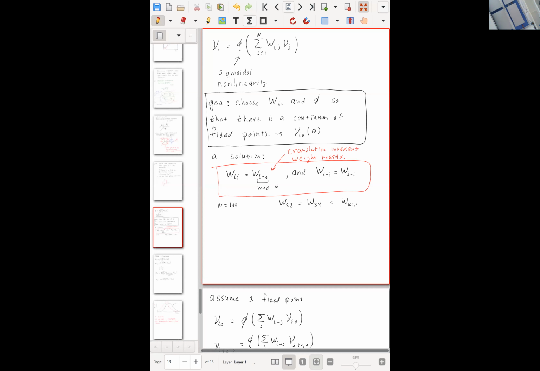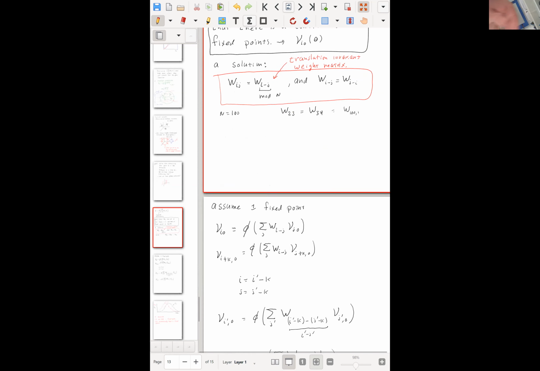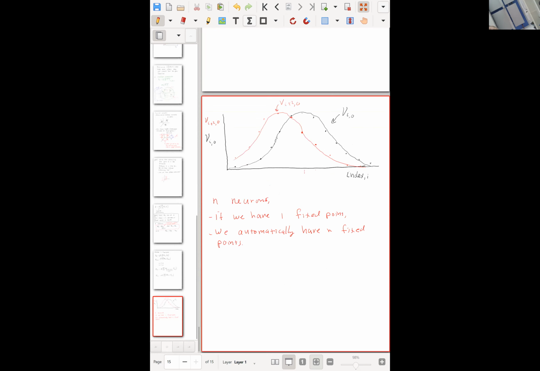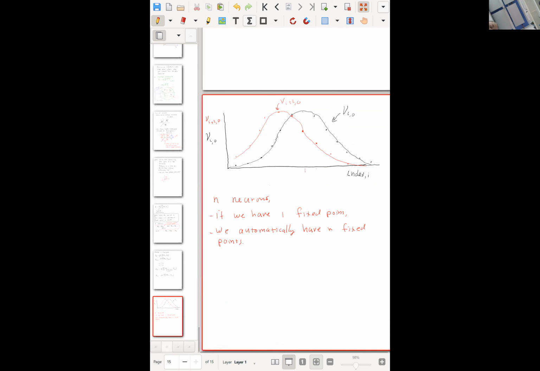With this translation invariant matrix, it's kind of nice: if you have one solution, you automatically have n solutions. It turns out you can make that a continuum if you want, but that's kind of a detail. Actually, it took me a long time to figure that out. But if n is large, a million different fixed points right close to each other might as well be a continuum.